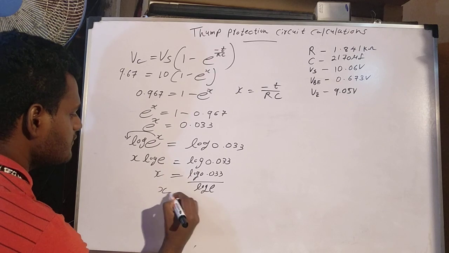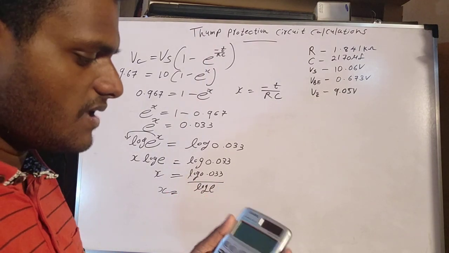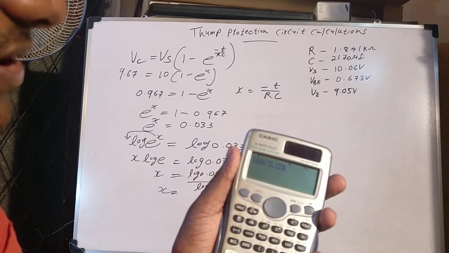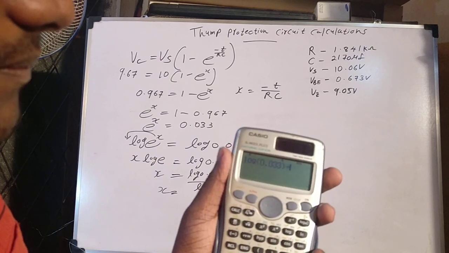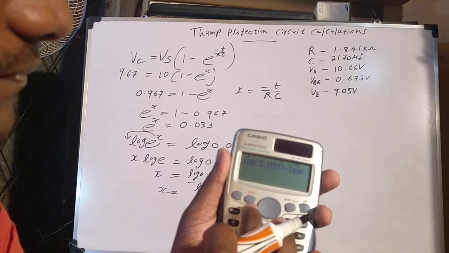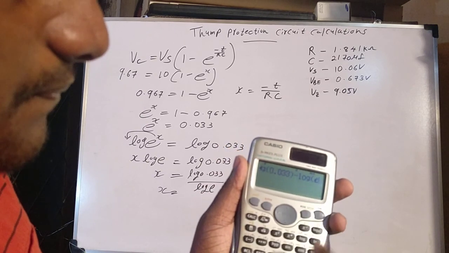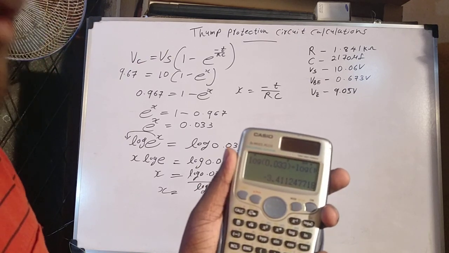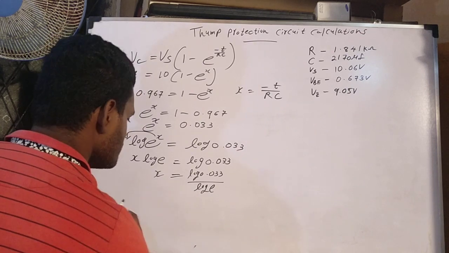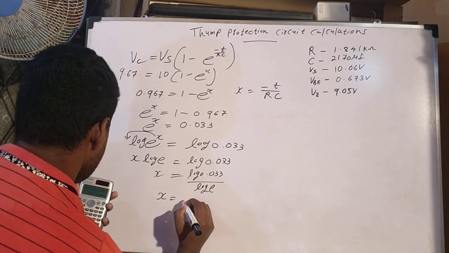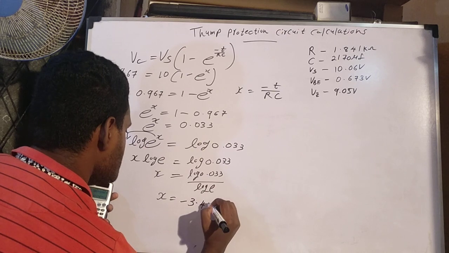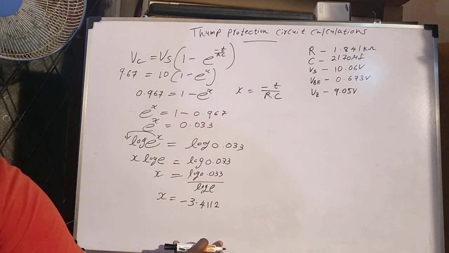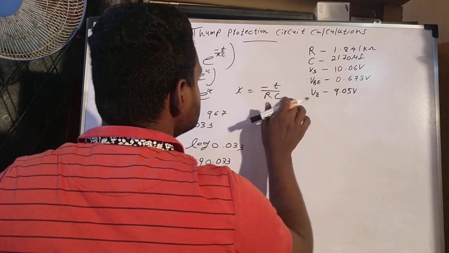In the calculator I type log 0.033 divided by log e, and the value is minus 3.4112.